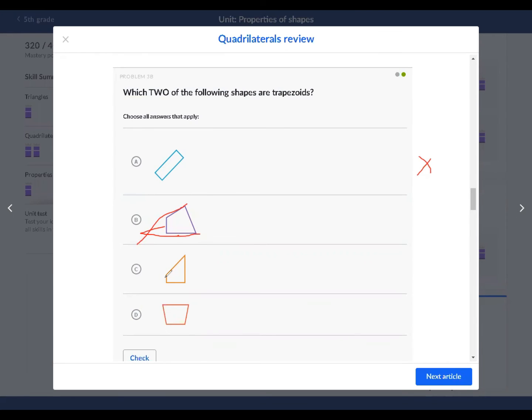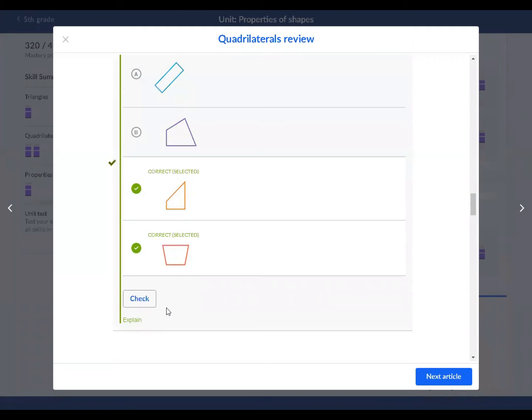But here it's a trapezoid because if we extend this, it is going to be parallel forever. And this is also a trapezoid. So the last two ones are trapezoids. Yeah, done. We got it correct.